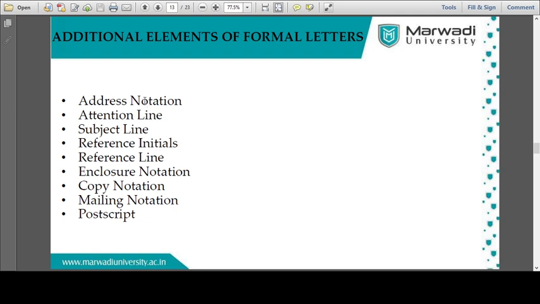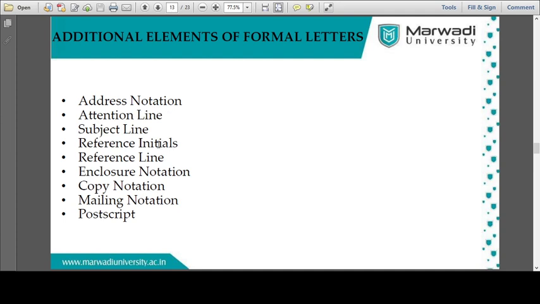So first we will see the reference line. Formal letters often carry a reference line which is used for sequential correspondence with the recipient. The reference line consists of an alphanumerical reference number which uniquely identifies the letter. It is usually followed by the date of the letter.